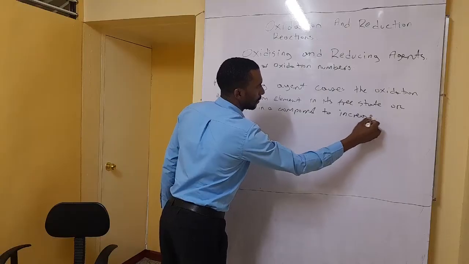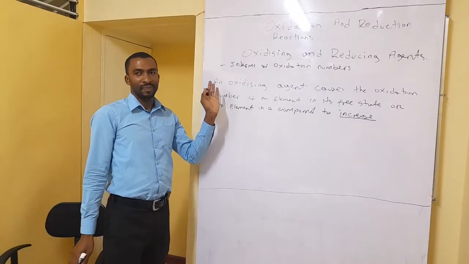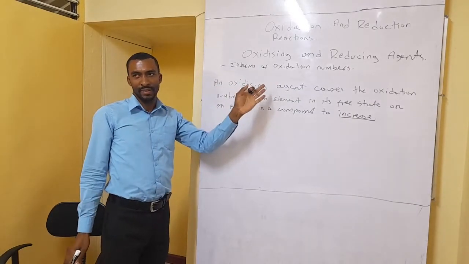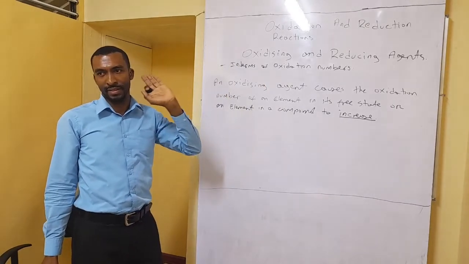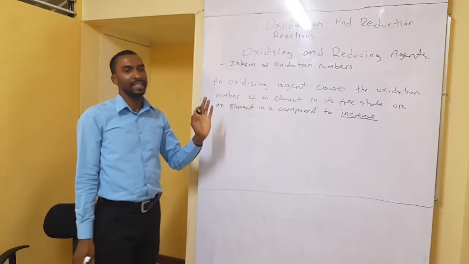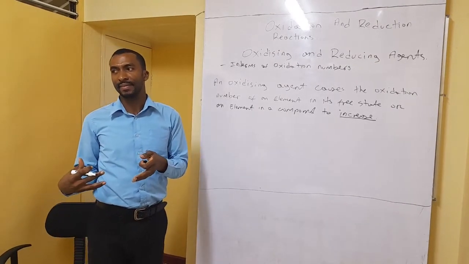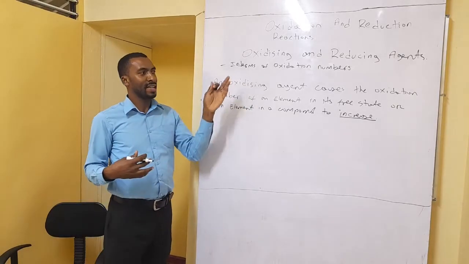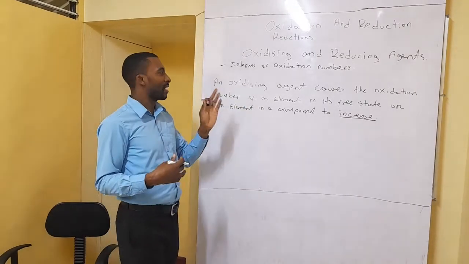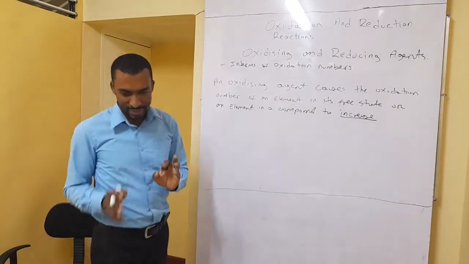But so as you can see, the oxidizing agent now. So oxidation is the increase in oxidation number, right? But the agent is actually the compound that caused that increase. What is it? Agent. An oxidizing agent causes the oxidation number of an element in its free state to increase.